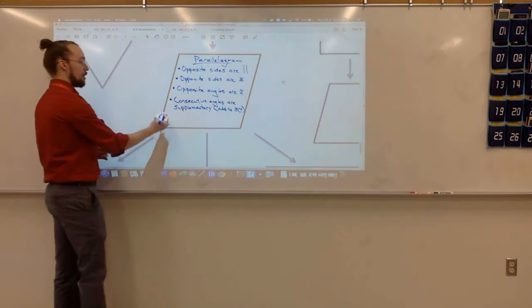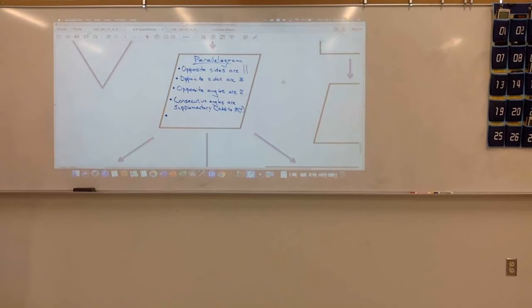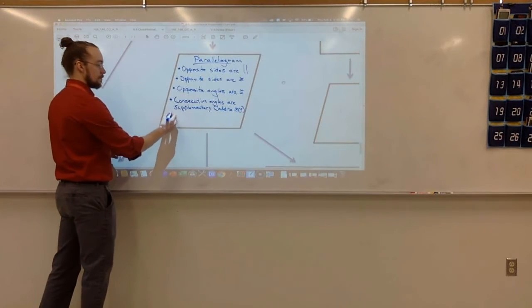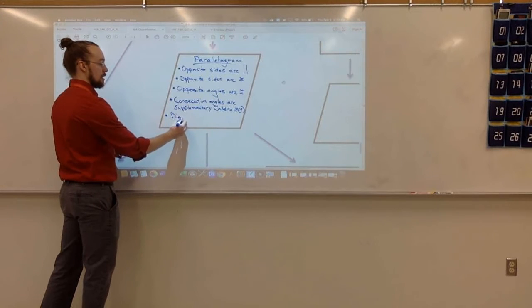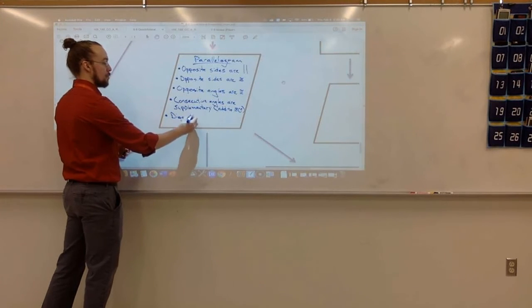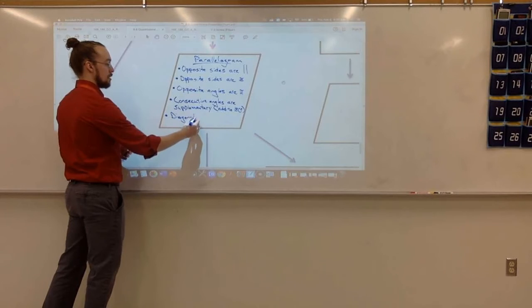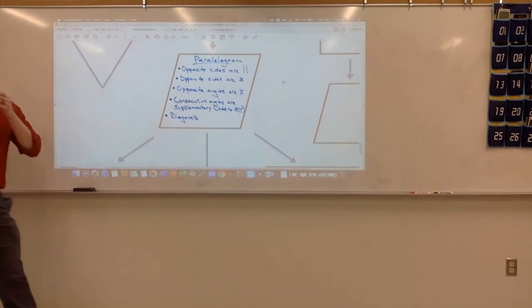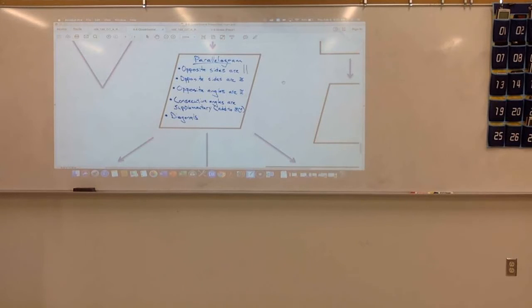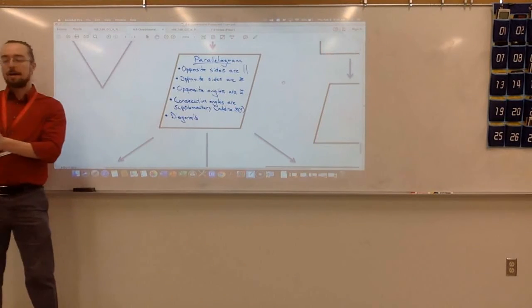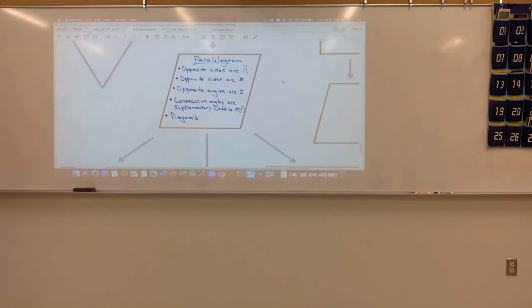And then the last one had to do with the diagonals. What do I know about the diagonals in a parallelogram? They're not necessarily equal to each other. What do the diagonals in any parallelogram do?